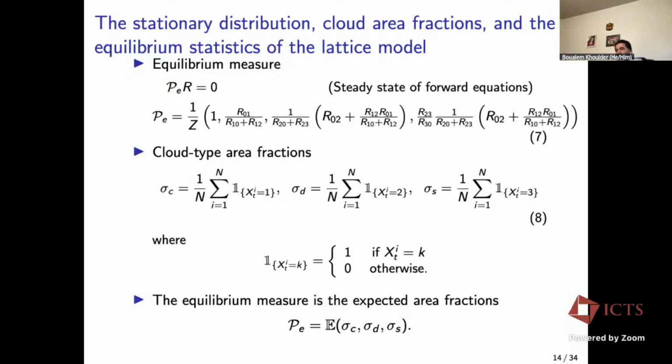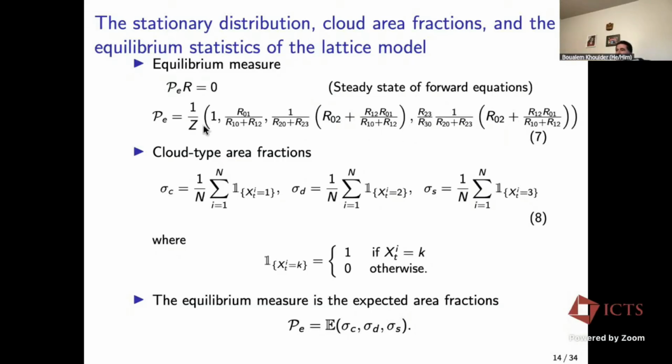And we have an equilibrium measure, known as the Gibbs measure. So with this model, you can compute that equilibrium measure. When the rates are known, you can compute that equilibrium measure, and it depends specifically on these transition rates that you have.